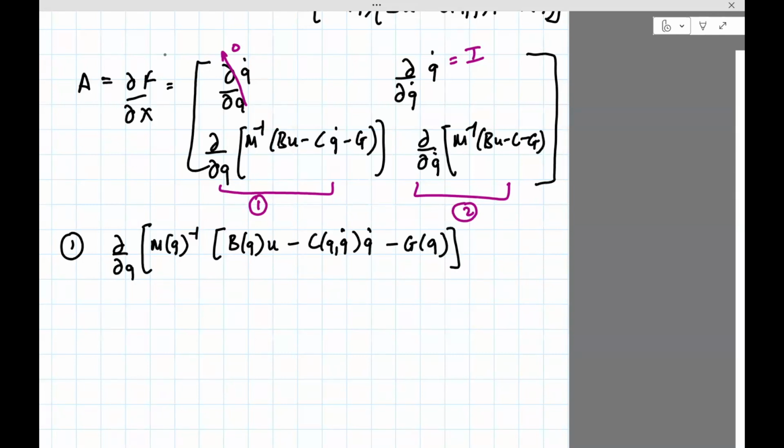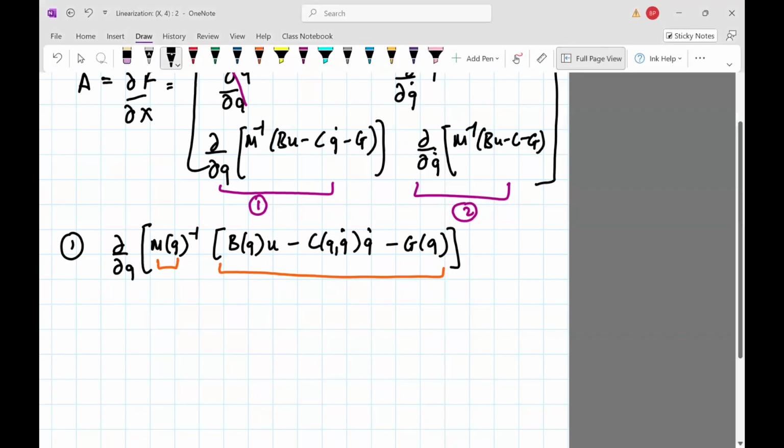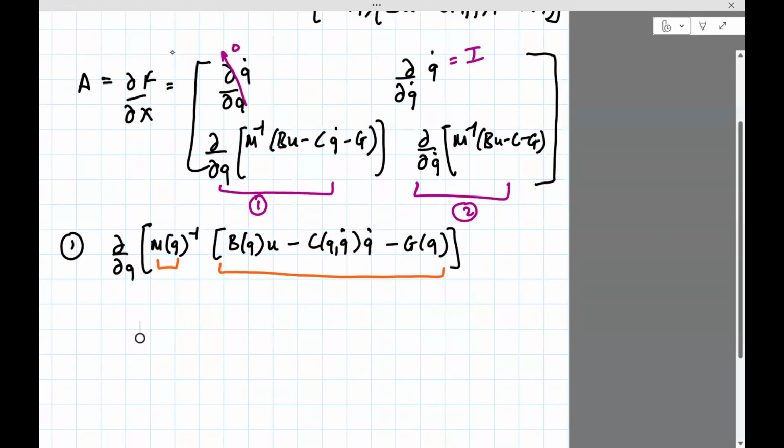Okay, so we are now set to take the derivative. Now there are two terms. There is an m term, and then there's this whole thing under the bracket. So we have sort of A times B, and when we take the derivative with respect to q, we are supposed to do the chain rule. Let's apply the chain rule.